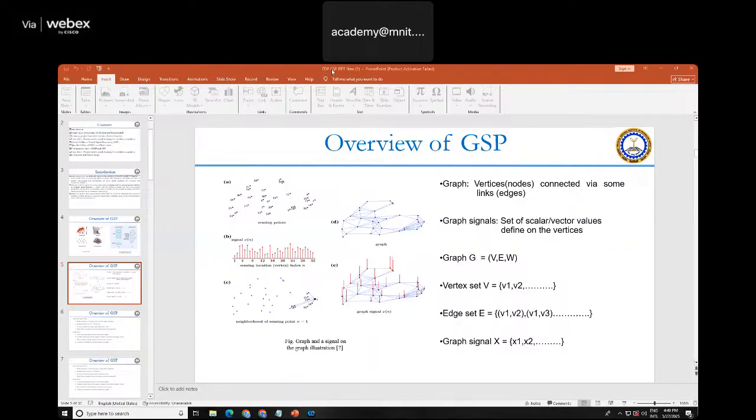Can you identify the x1 and x2 values in figures E and D? In figure B, are you able to identify them?